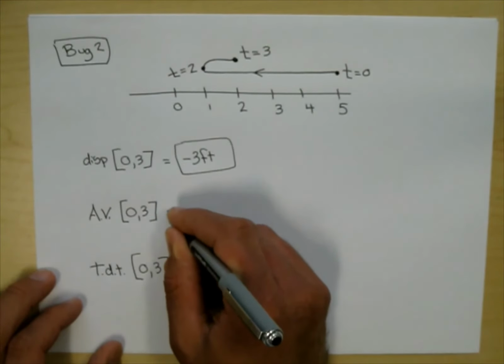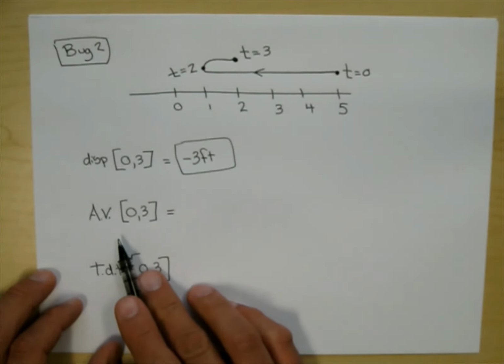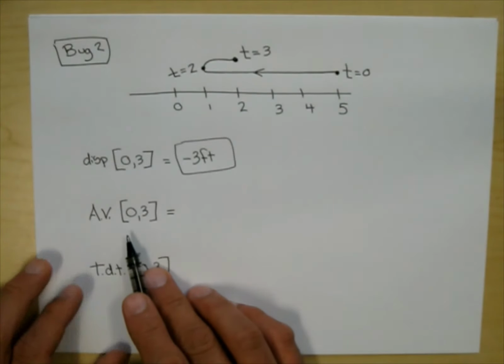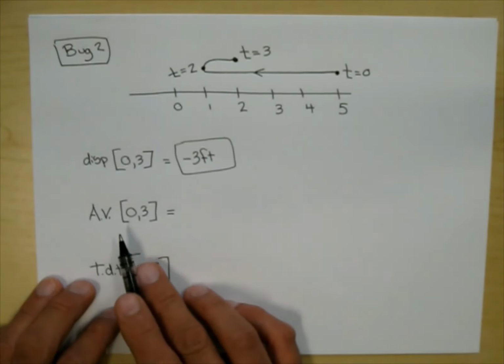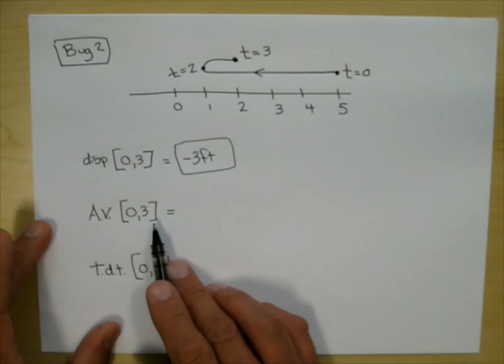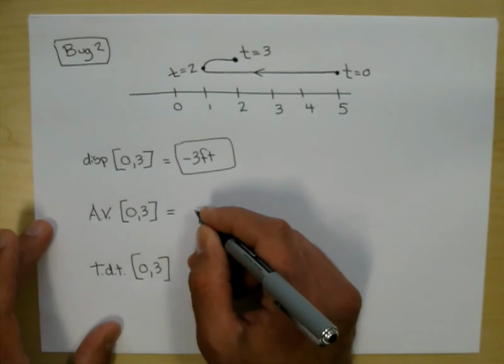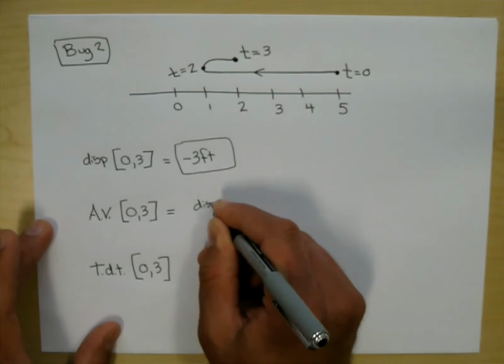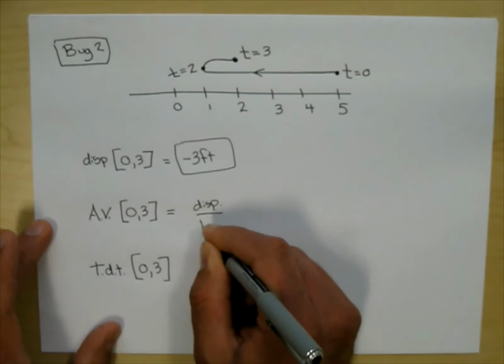The average velocity, not to be confused with the instantaneous velocity, which we did in the first problem or the second problem or whatever. Average velocity is over a time interval, and the instantaneous velocity is at a particular time. So what we're going to do is, average velocity is just the displacement over the time.